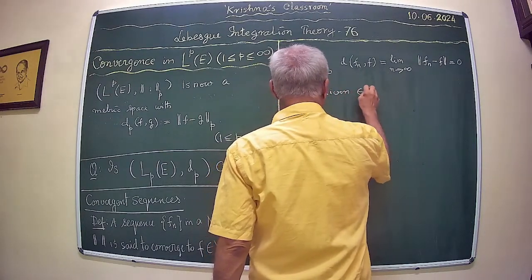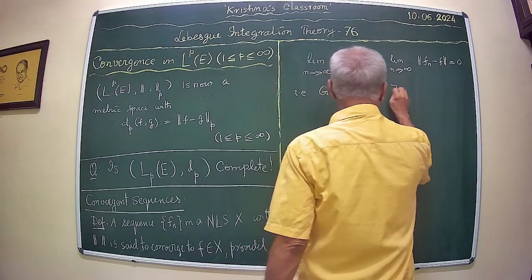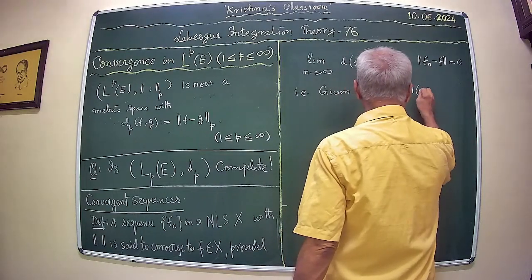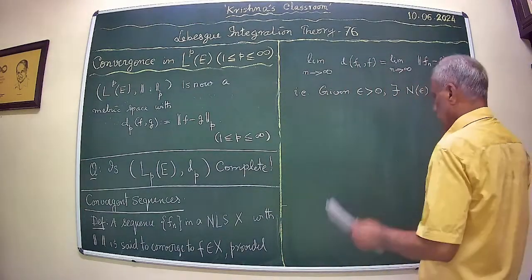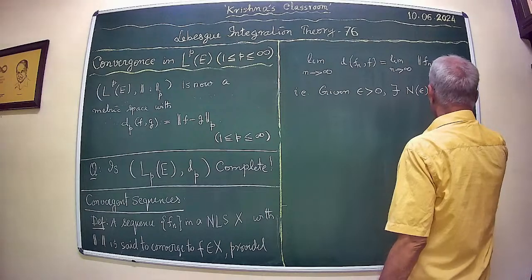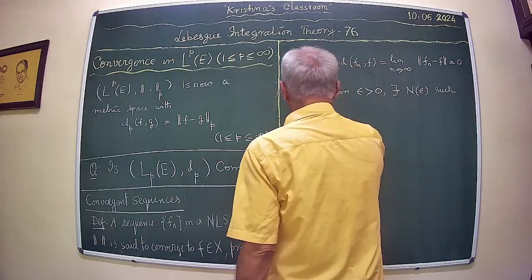That is, given epsilon positive, there exists N_epsilon such that the norm of f_n minus f is less than epsilon.